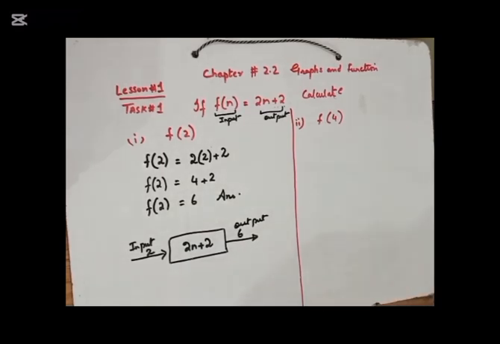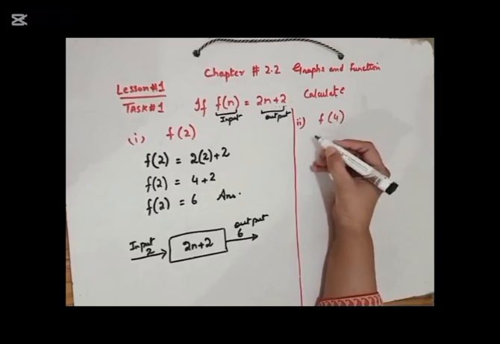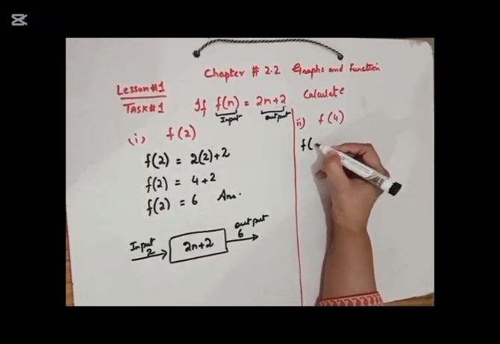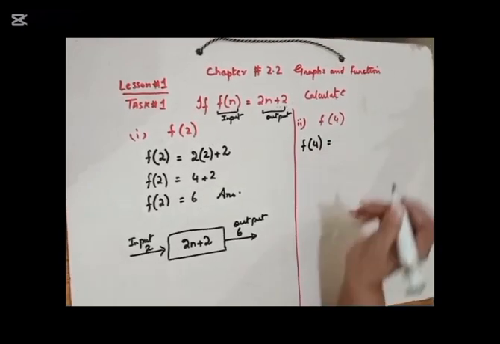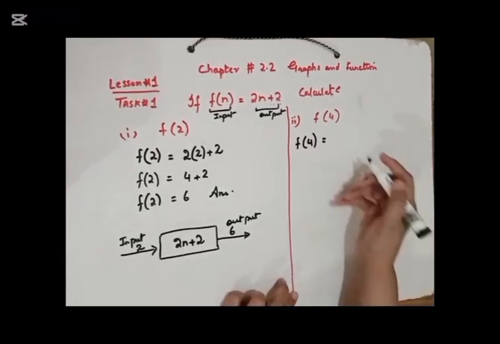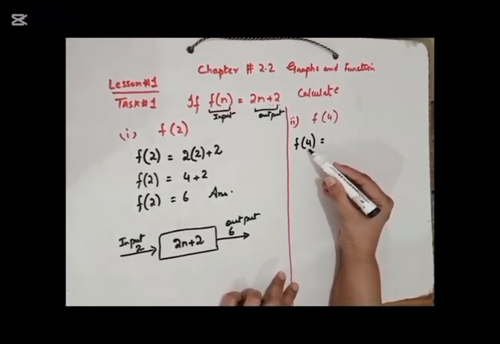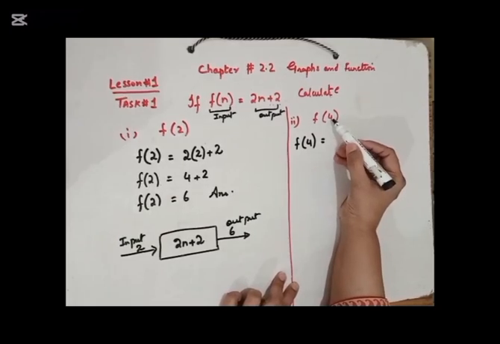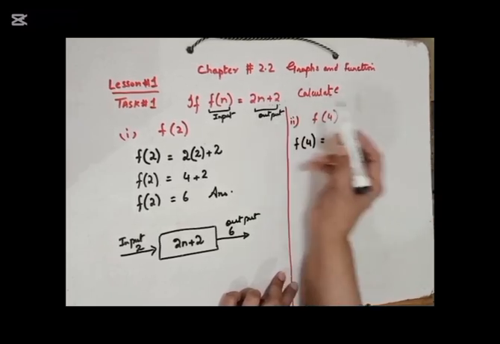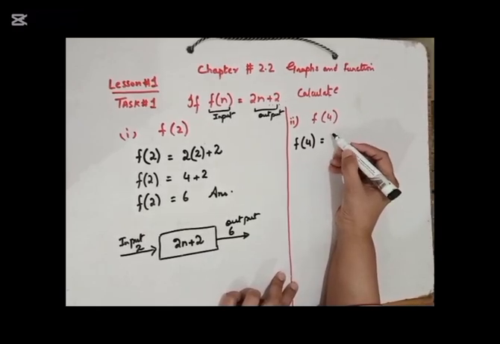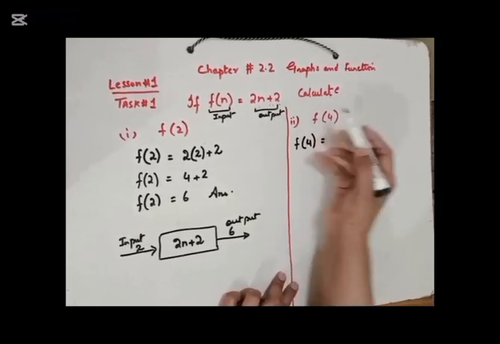Now let's do the other part, that is calculate f4. So it's also very simple. If we are calculating f4, what does it mean? The value of n given is 4. So it means that instead of n we have to substitute 4. The main equation is 2n plus 2.